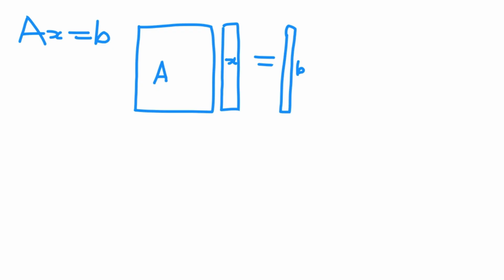So you can imagine that there's this problem like so, where we've got some matrix, some right-hand side, B, and we want to solve for x. This is very common for solving partial differential equations. There are loads and loads of applications for this.